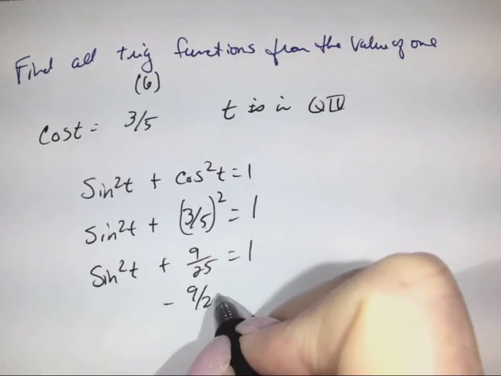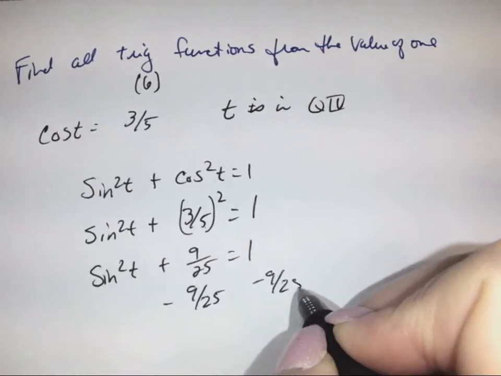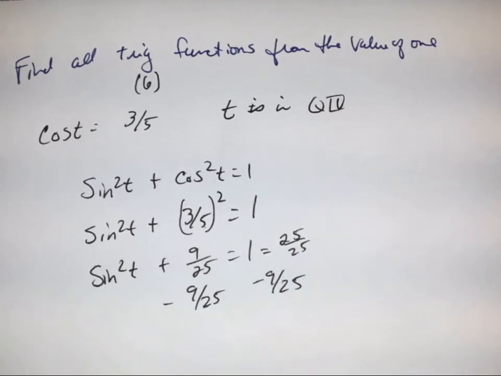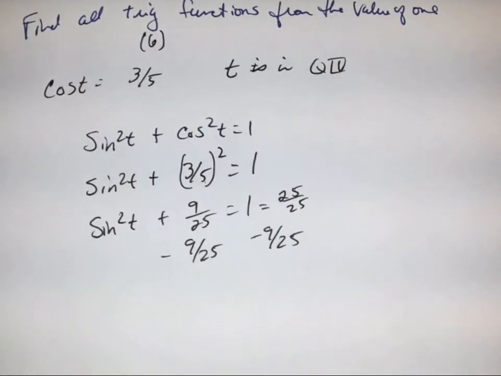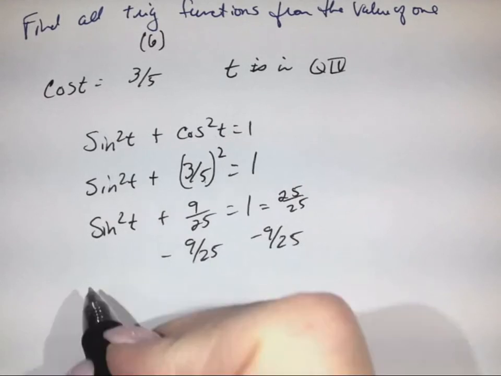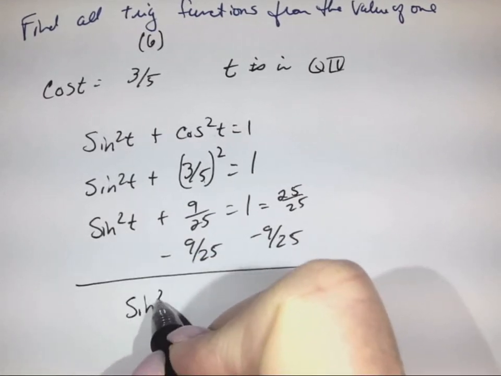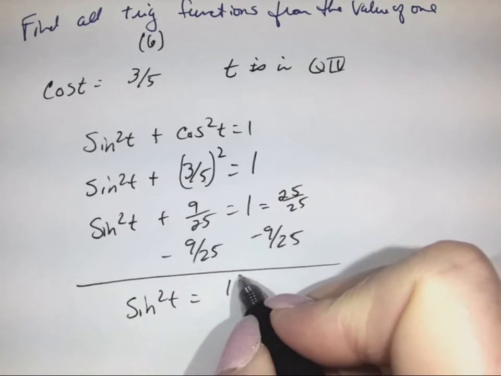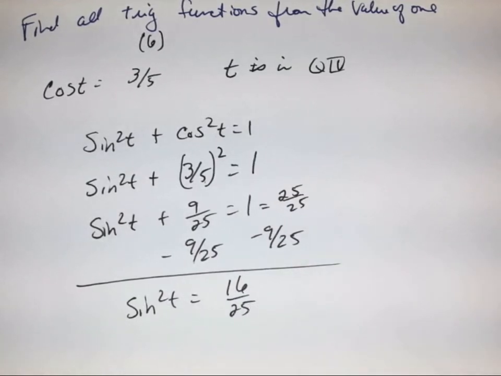And now we're going to subtract that over. And understand that 1 is equal to 25 over 25. We can write 1 any way we need it to be. So now we have sine squared t is equal to 25 minus 9 would get us 16 over 25.